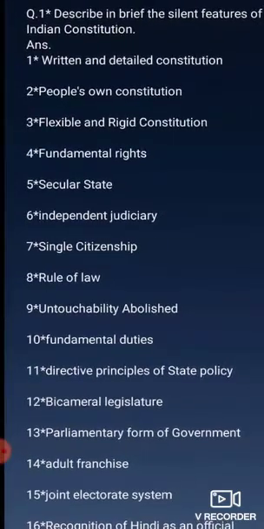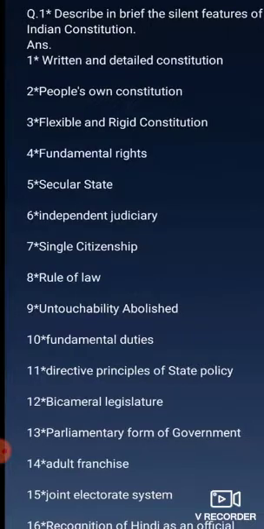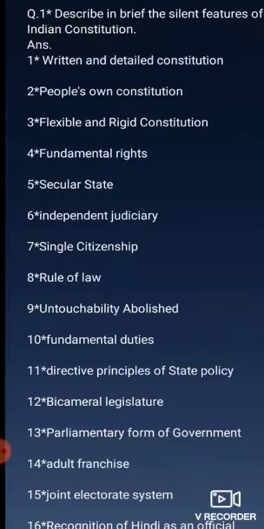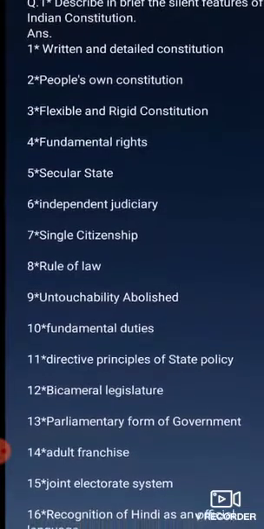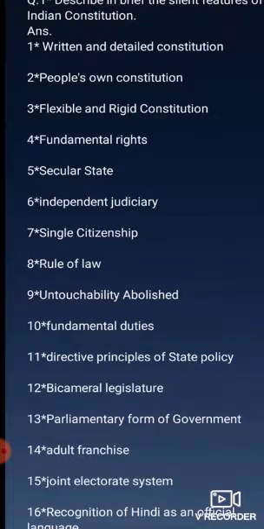The new constitution provides for universal adult suffrage. Every Indian citizen of 18 years or above has the right to vote without any discrimination on the basis of caste, color, gender, etc.